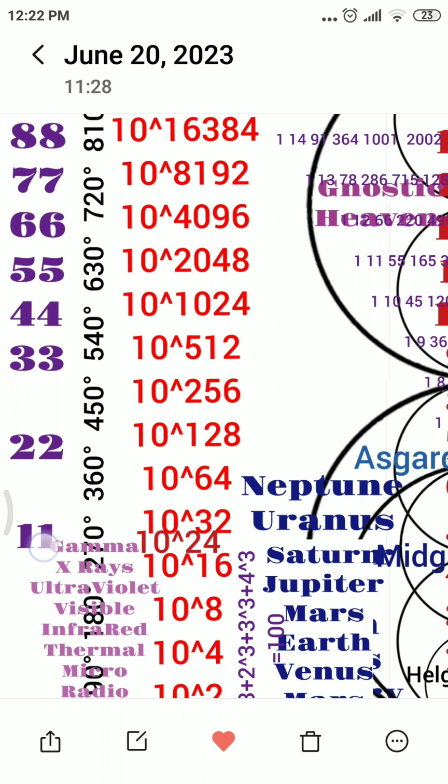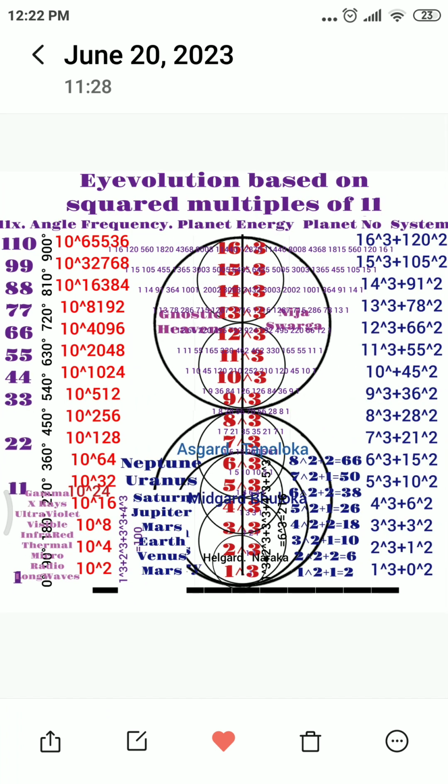So these are not just multiples of 11. The number 11 we have taken as a measure of the circumference. So 11, 2 11s, 22 forms a full circle, 4 11s, 44 forms two circles of 22, like that. In multiples of 11 we took it just to know which phase we are at in the formation of that particular circle.